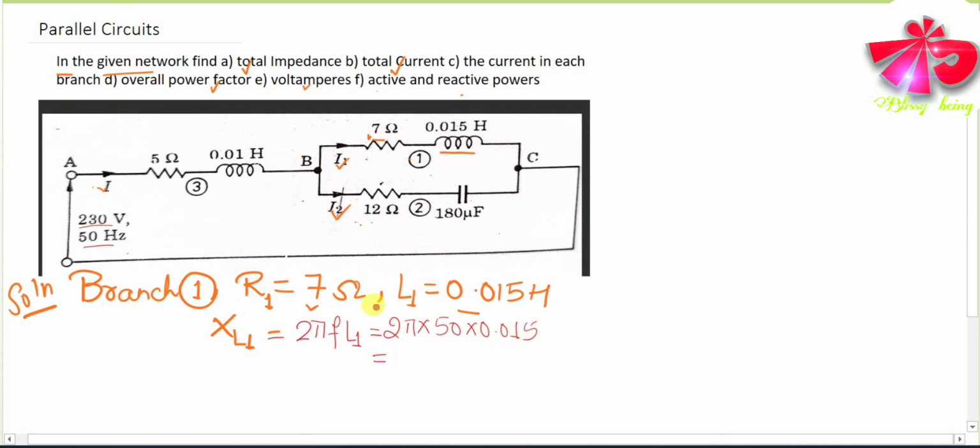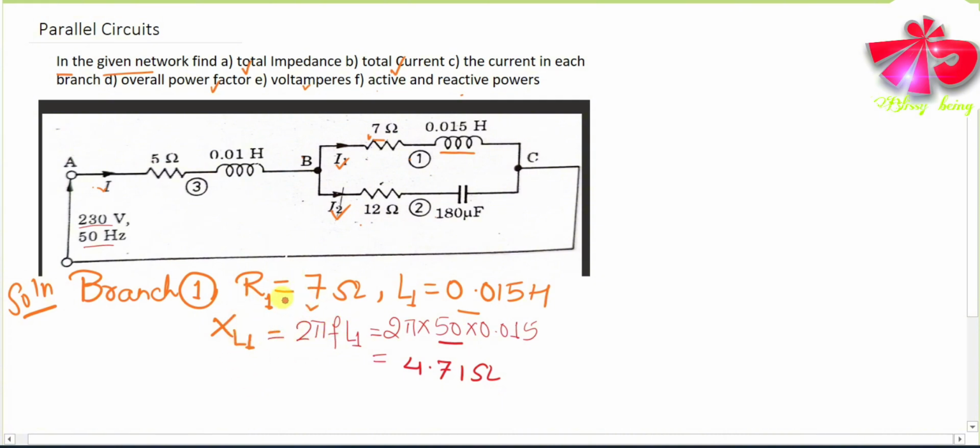Once you write the formula, you can use a calculator for this, and if the value of f is not given, you can assume it. You can assume 50 or 60. Then you will get XL1 as 4.71 ohm.